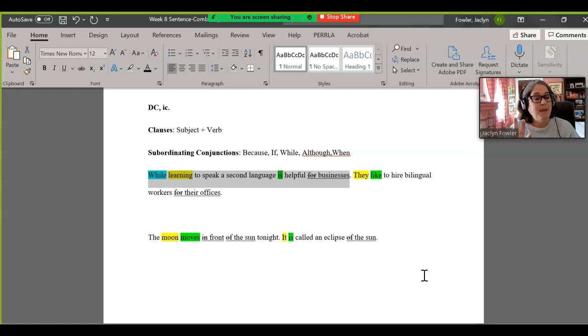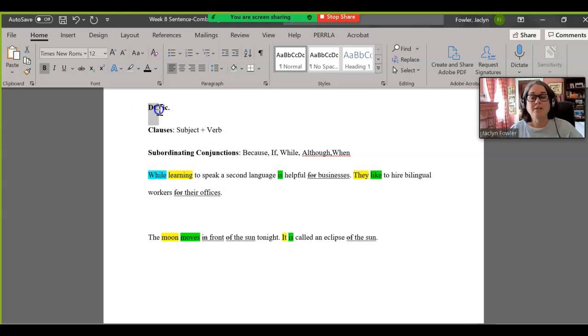So all dependent clauses require an independent clause to make it a complete sentence. Well, luckily, there is an independent clause right here. Okay? So the way we combine a dependent clause at the beginning of the sentence, or an introductory dependent clause, is you can see up here we add a comma in between.